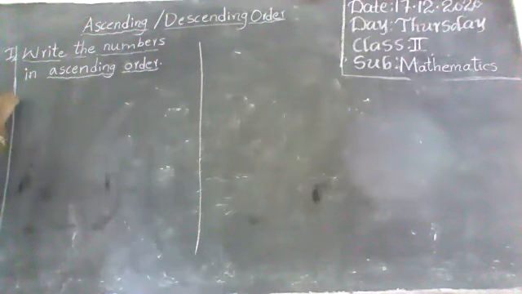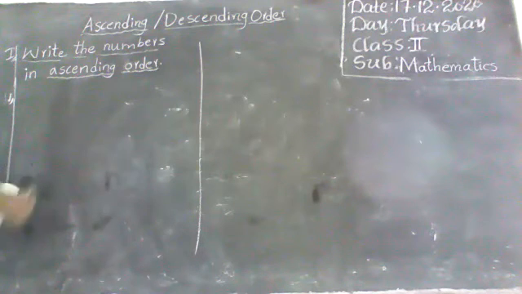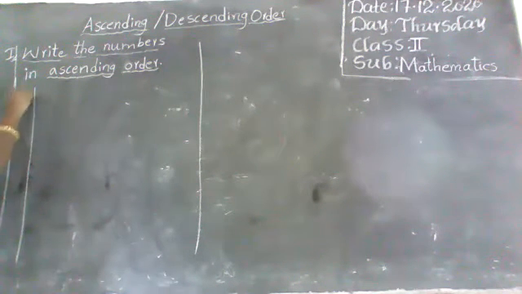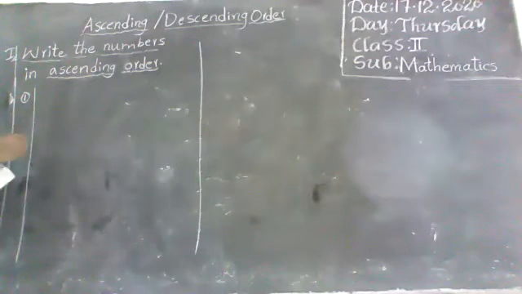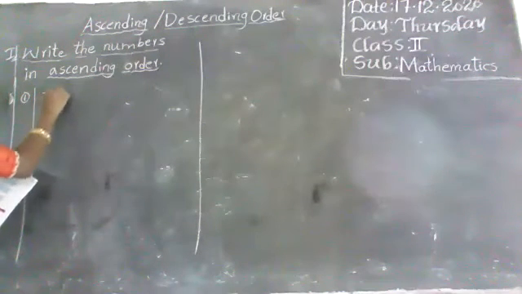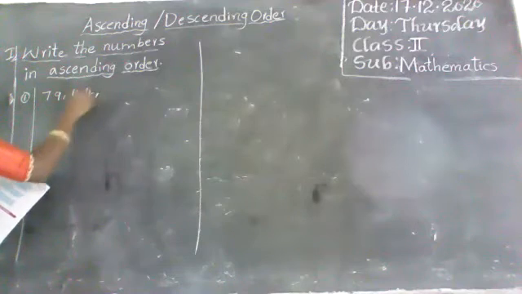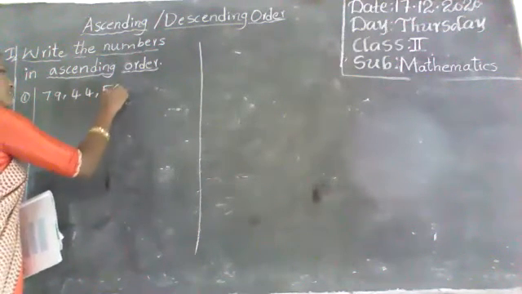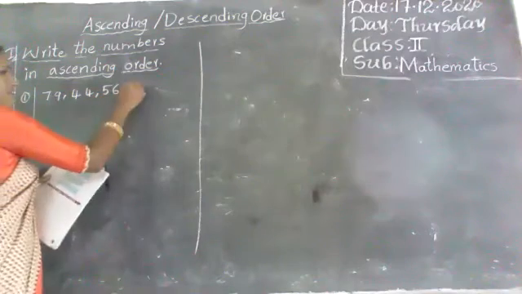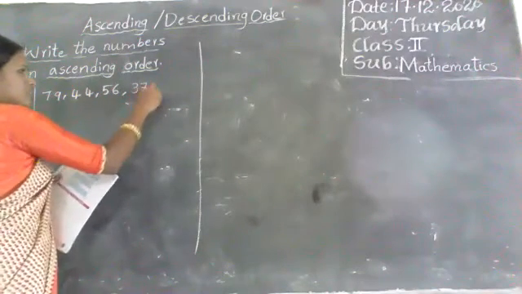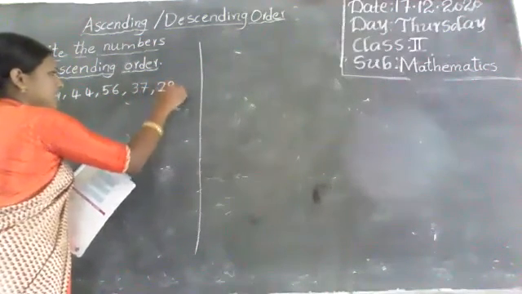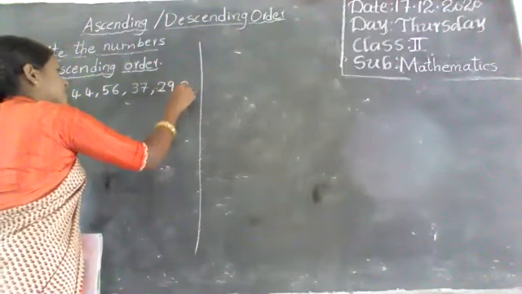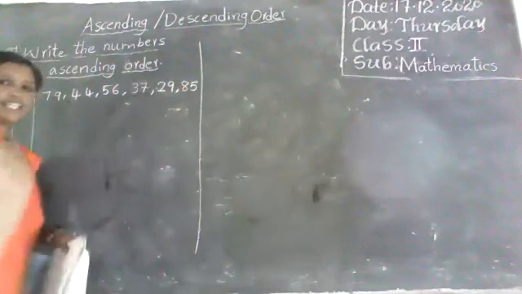Are you clear on the board? The numbers are 79, 44, 56, 37, 29, 85, 90.